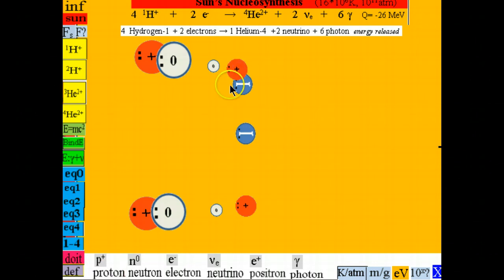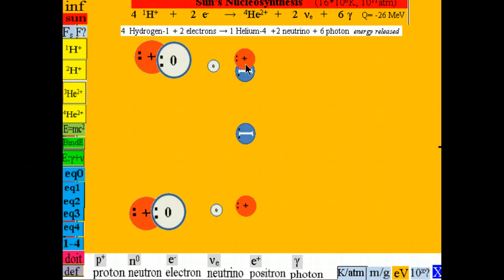Now something really dramatic happens. The positron and the electron, which are nearly identical particles except that one has a positive charge and the other has a negative charge, crash into each other and annihilate each other.